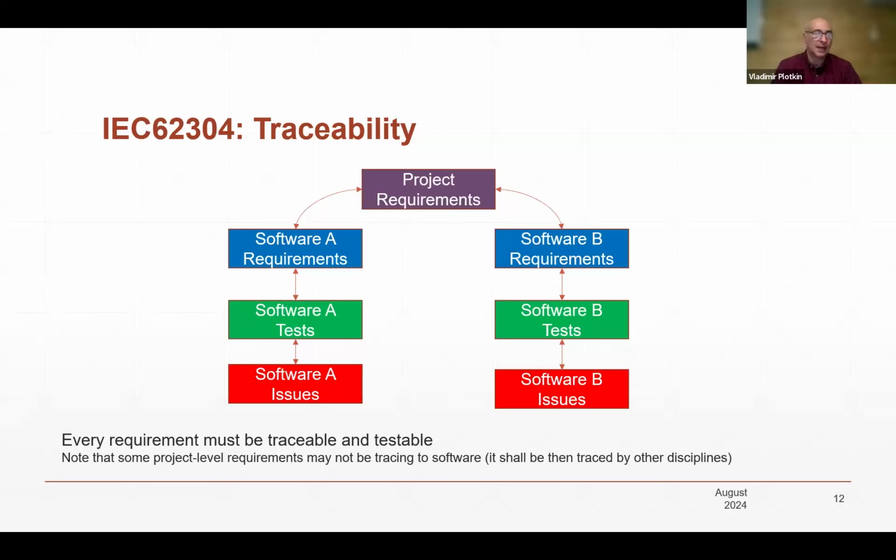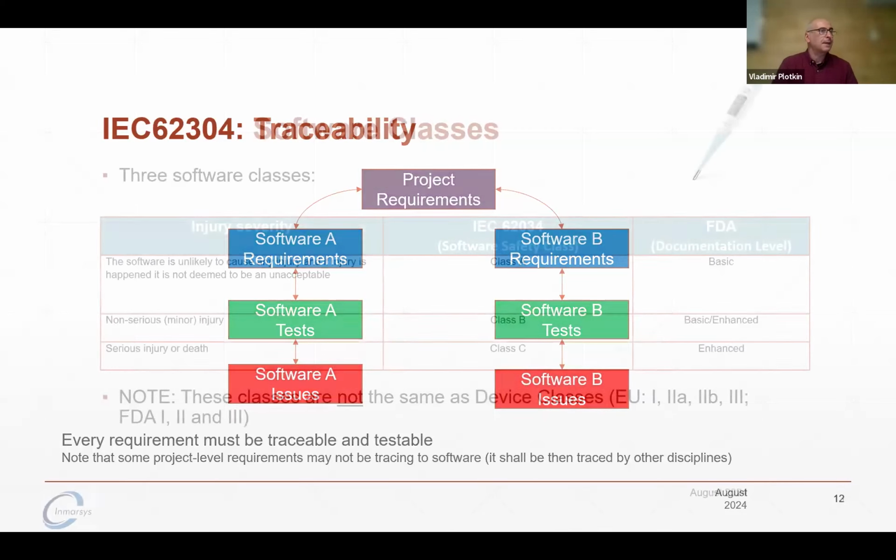Well, sometimes it can, like putting in a sensor and checking the air pressure, but generally it's not really used. So be aware that you won't be able to cover 100% of the project level requirements in your software. It's highly unlikely you will. There are other disciplines which will be doing it, unless your product is software only, in which case it's a different story.